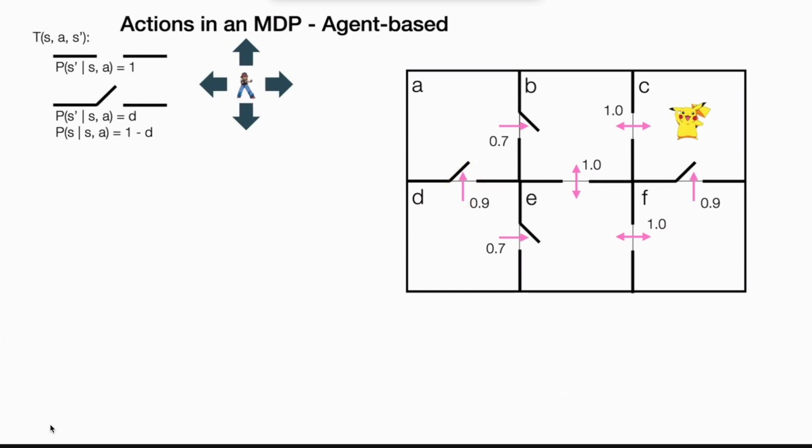So, we can write this down in two ways, and this isn't super important, but it's been one of the things over the years that has confused people. It relates to the question of how you model these things. We can think about this in a way that corresponds to classical planning or PDDL, as an agent-based model where we have 4 actions: up, down, left, and right.